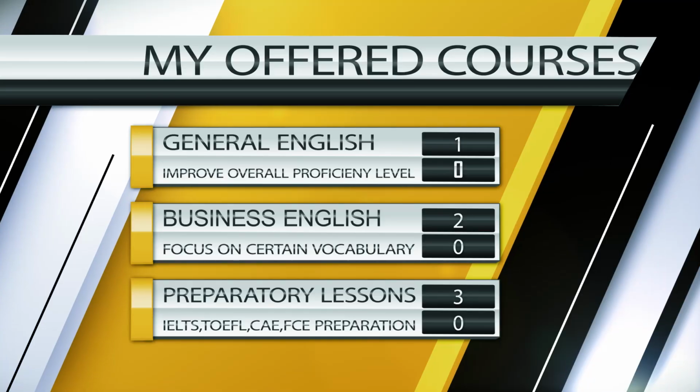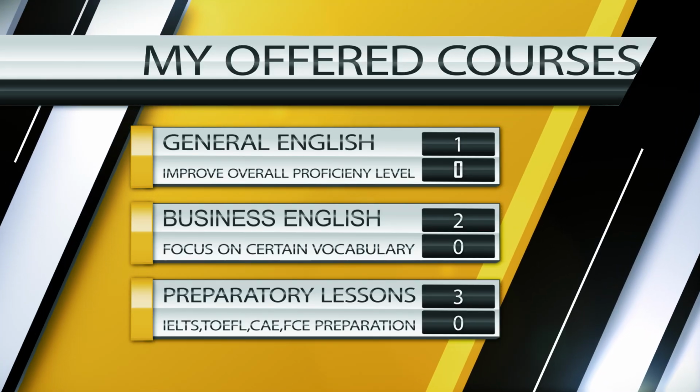Okay, so after the trial lesson, we've got everything that we need for creating the lesson plan, teaching resources, and lesson materials for the students. And now that we know the student's actual goal and what they are trying to achieve, we know what we can focus on more within the lessons. I divide my lesson courses based on whether the student wants to learn, expand, or overall improve their proficiency level in general English.